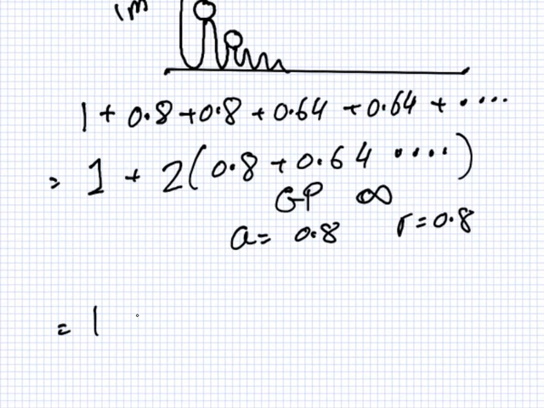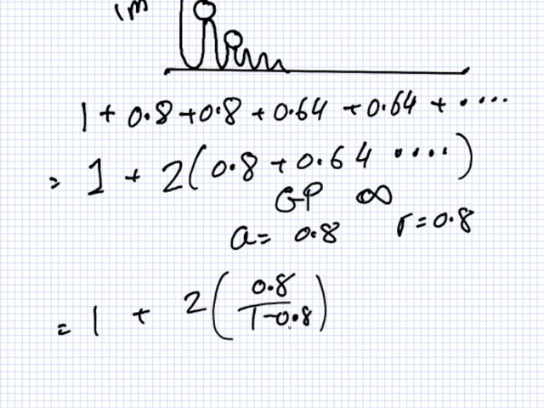So this will be 1 plus 2a over 1 minus r. That's 0.2, which gives 9 in total. Huh? I did add the 1. This plus this equals 9.